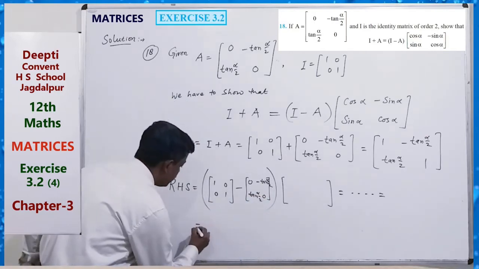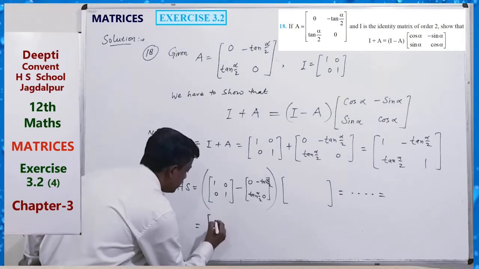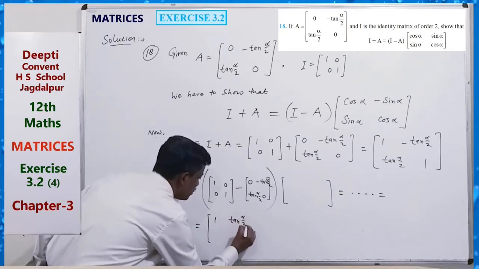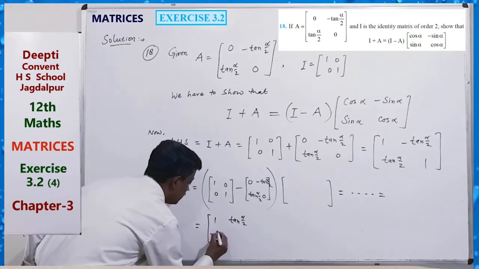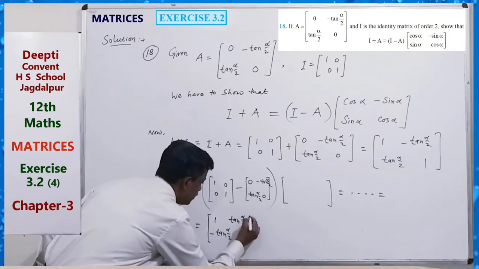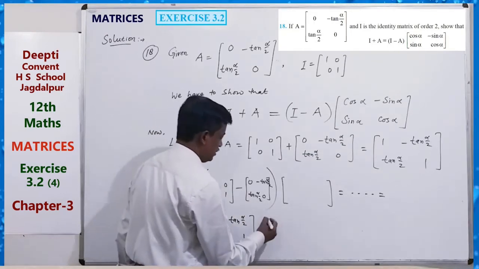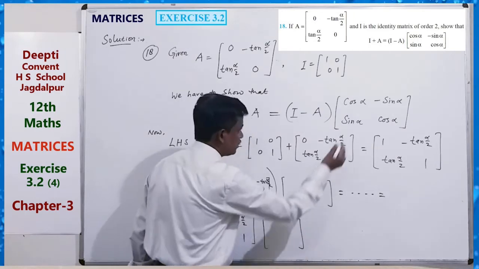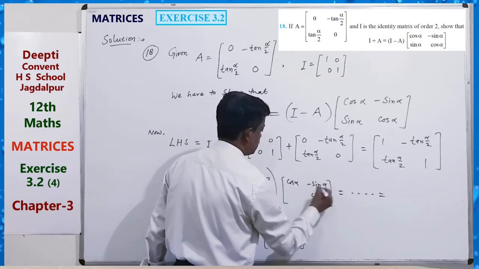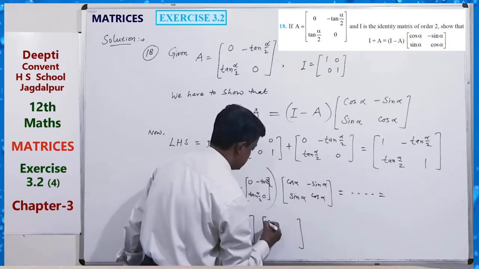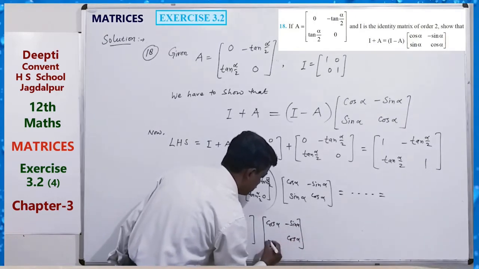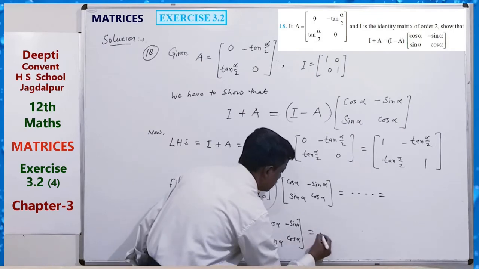Okay, what will we get here? 1, tan alpha by 2, here minus tan alpha by 2, and 1. And this matrix: cos alpha, minus sin alpha, sin alpha, cos alpha, and do this multiplication.